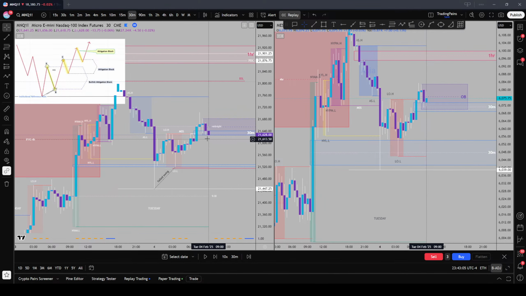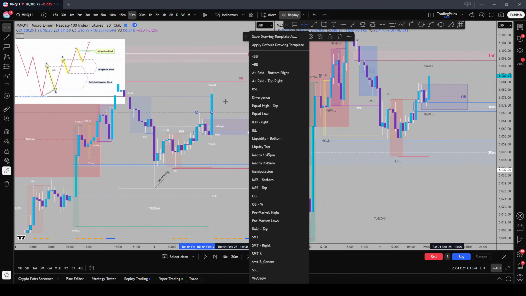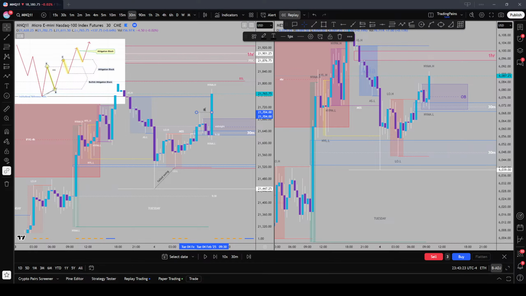Oh Lord, I don't know how to do this. Why do we want 9:15? Maybe just go to the next candle. Boom. Okay. So 9:30. So we have another break of structure. I guess I didn't make one for that yet.